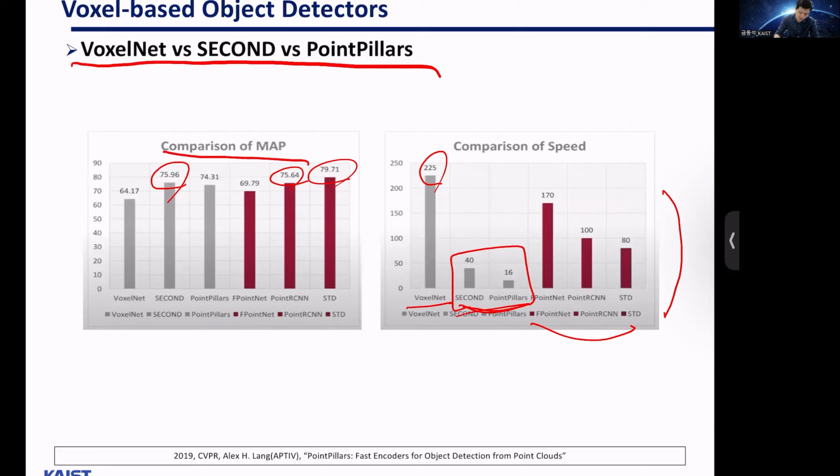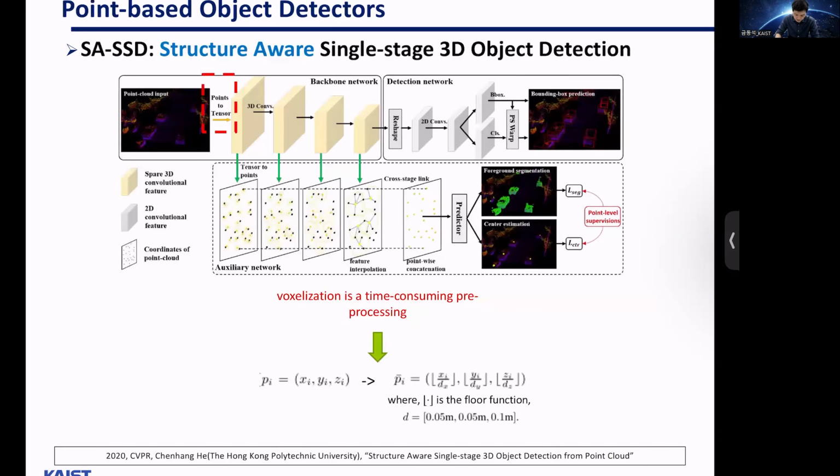You have to process more points, and if you're using two-stage, then that adds another computational load. Okay.